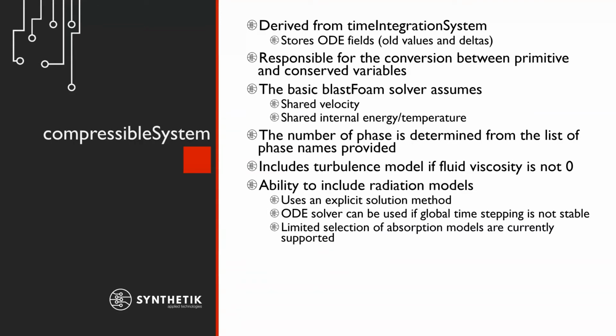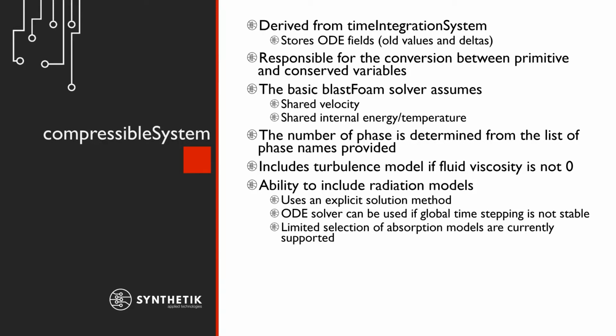Okay, so then we have our compressible system. This is where the actual compressible part comes in. This is a time integration system. It's responsible for transporting conservative variables, so mass, momentum, and energy, and then it also converts them to primitive variables, so density, velocity, internal energy, and pressure.